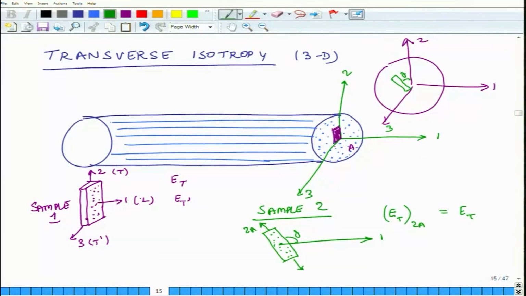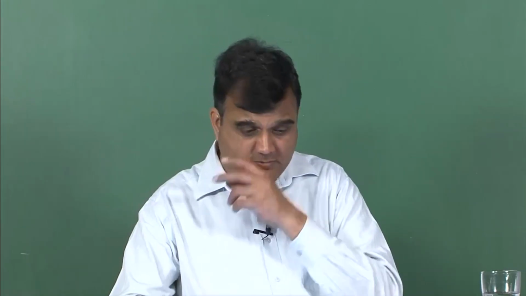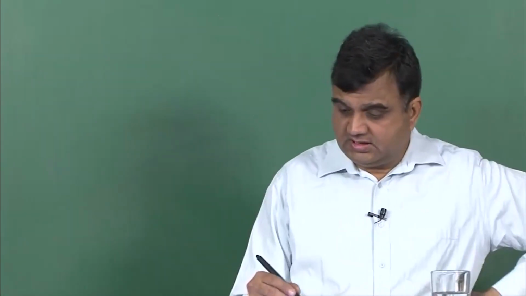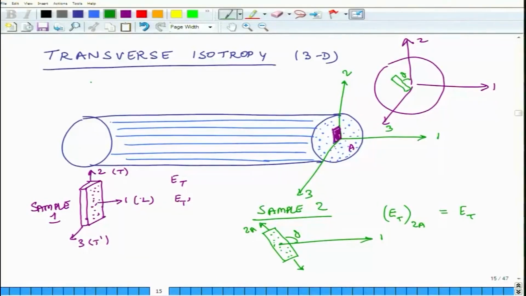Which means that the material is isotropic in the TT plane. That is why it is called transverse isotropy, or transversely isotropic.